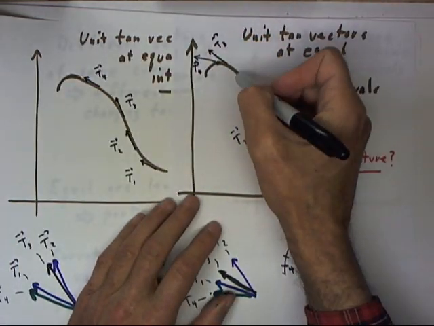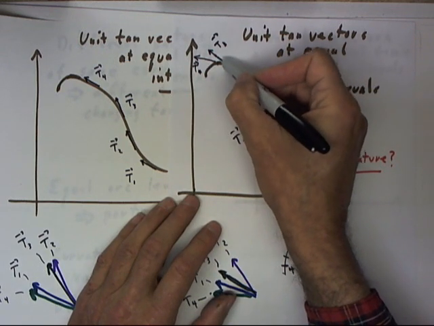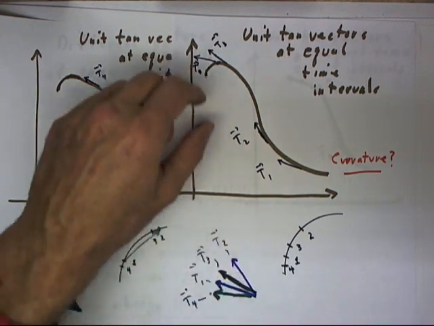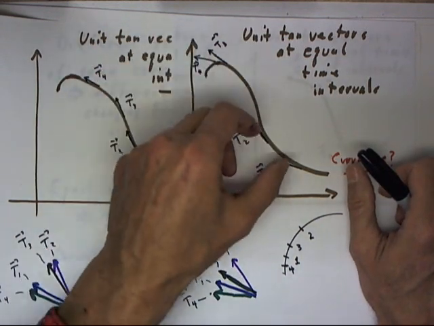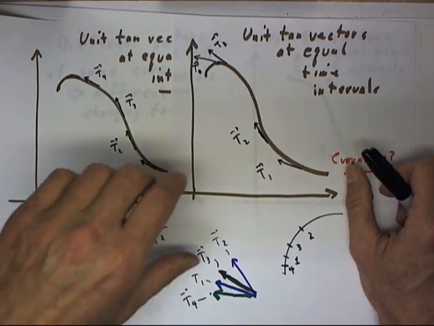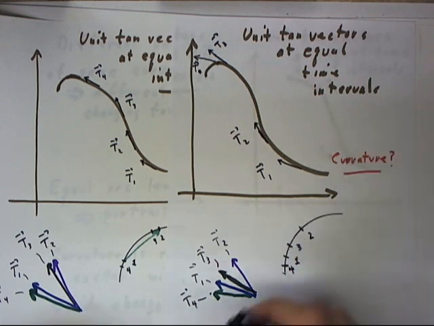It should be pretty clear that as we go from here to here to here, the path is becoming increasingly curvy, so the distance we travel isn't related very much to how curvy the road is or how curvy the path is.